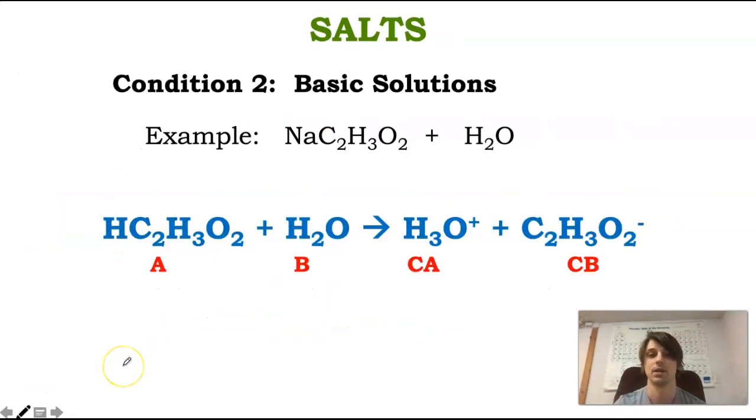All right, so let's look at an example here. Now, Na, remember, is part of a strong base, so that doesn't matter. The anion is not part of a strong acid. So what does that mean? If I was looking at the acid that this would be involved in, acetic acid, and I drop that acid in water, this is the conjugate base of that acid.